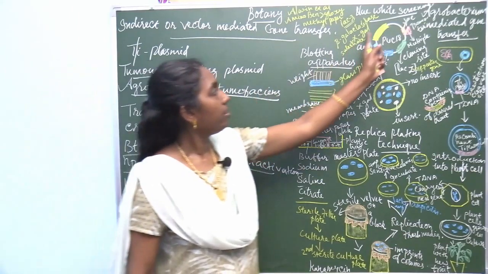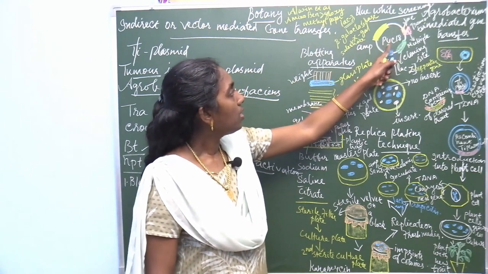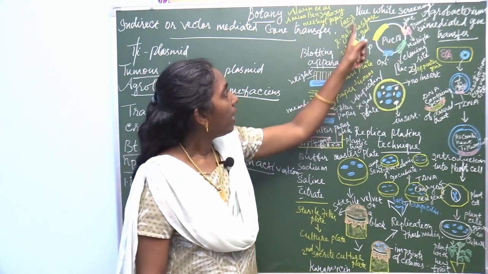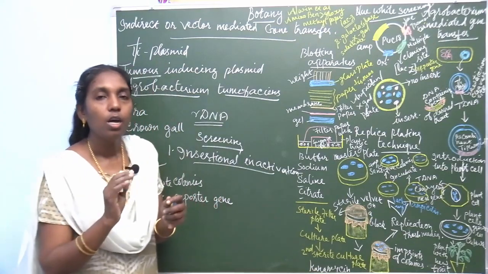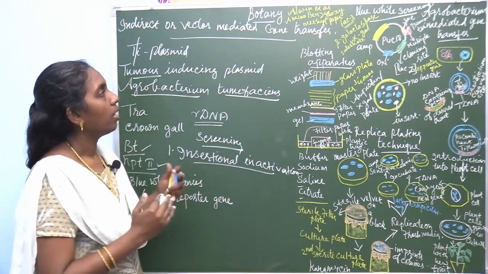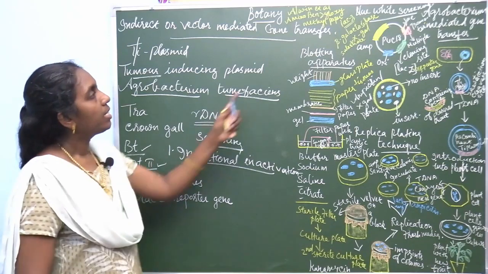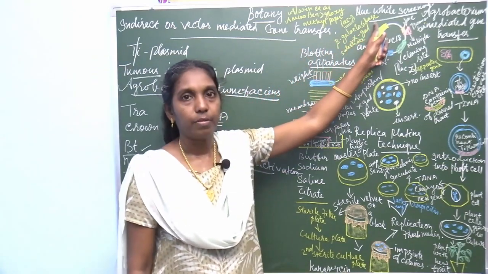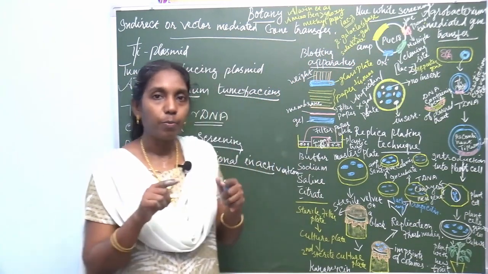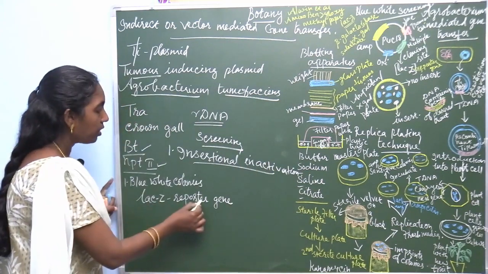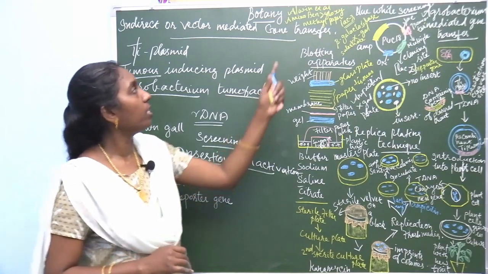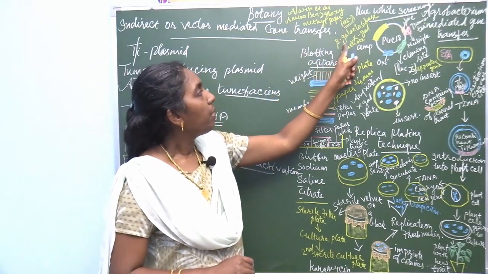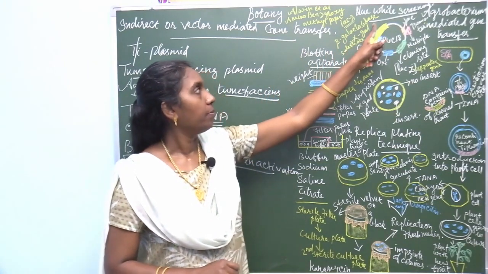Look at this diagram. lacZ is the gene which encodes a protein called beta-galactosidase. So, this reporter gene encodes a protein, and the name of the protein is beta-galactosidase.